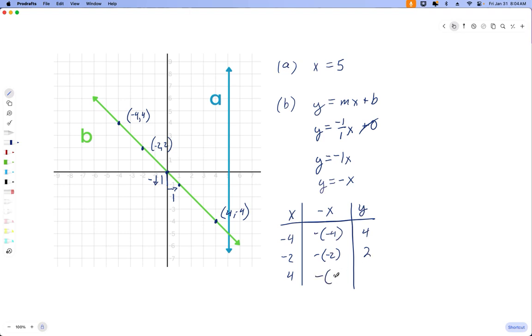And a positive 4 is a negative 4. So our points should be negative 4, 4, negative 2, 2, and positive 4, negative 4. So those all check out, which means that we did this correctly.